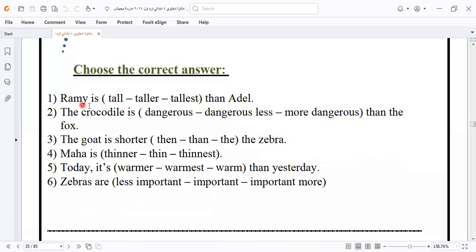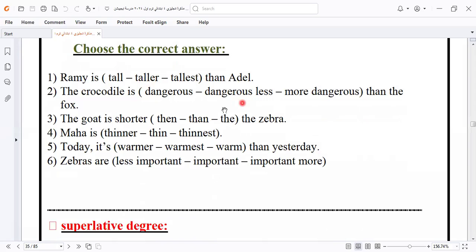So can we put tallest here? No, it's wrong. Can we put tall here? No. So the comparative form I can know by adding er and then. So the suitable answer will be this one: Rami is taller than Adil. So I compare two persons with each other.